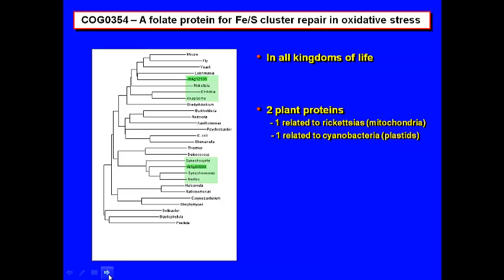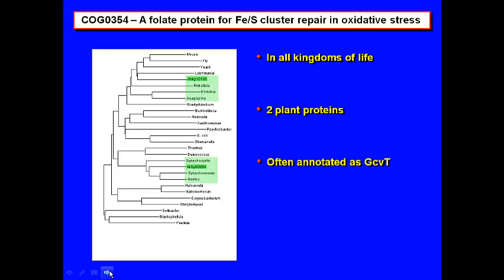There are often, when there are two genes in plants, one of them may have come from one ancestor, one may have come from another. This gene is often annotated in databases, and this is a good example of the problem we talked about of over-annotation or misannotation. It's annotated as GCVT, which is the folate-dependent glycine cleavage protein from the glycine cleavage complex.